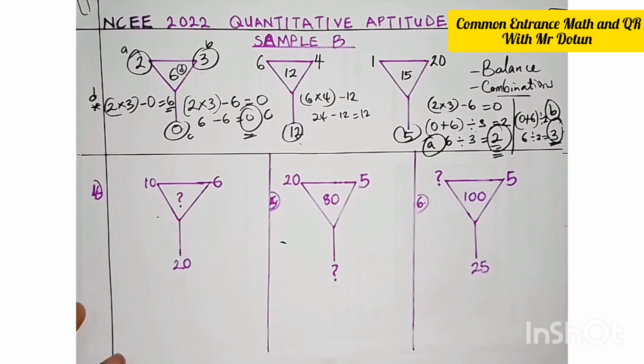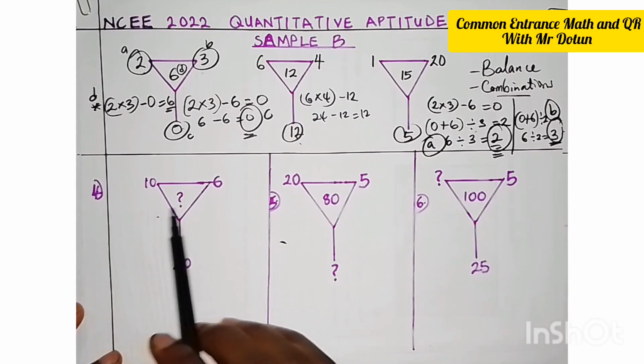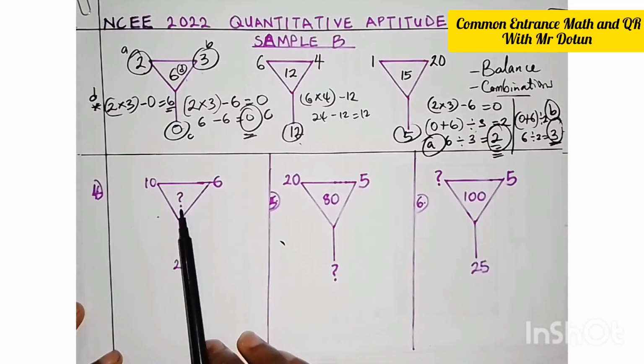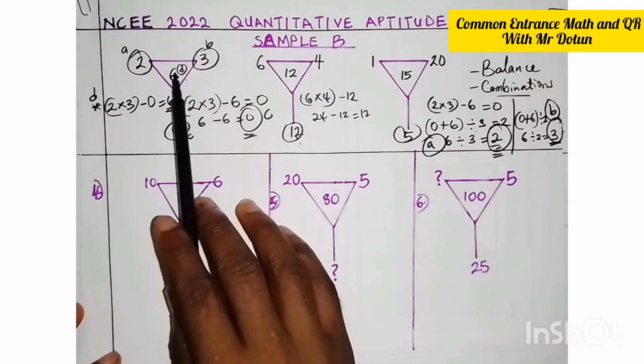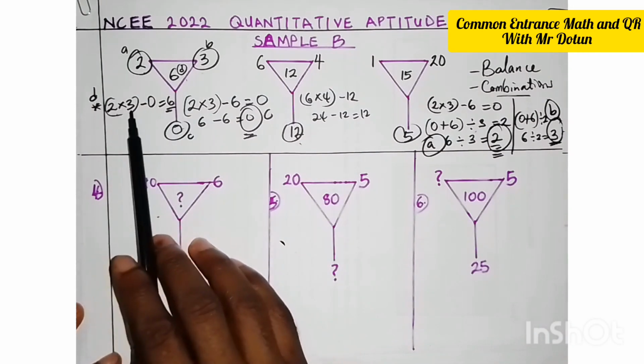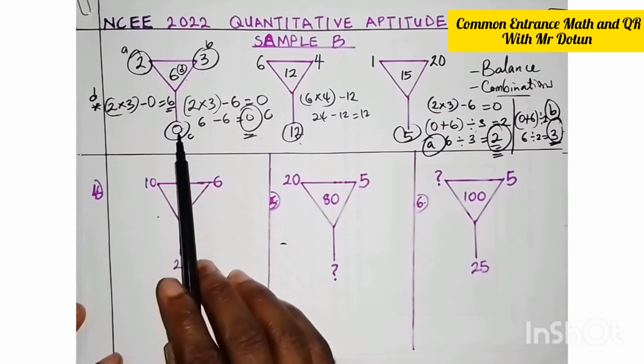Alright. So let's go on and solve our questions. Question number 4. The missing one is inside, and that is my D here. So the missing one is inside. That's in place of 6 here. So how did I get the 6? I did 2 times 3 minus 0. This times this minus this.